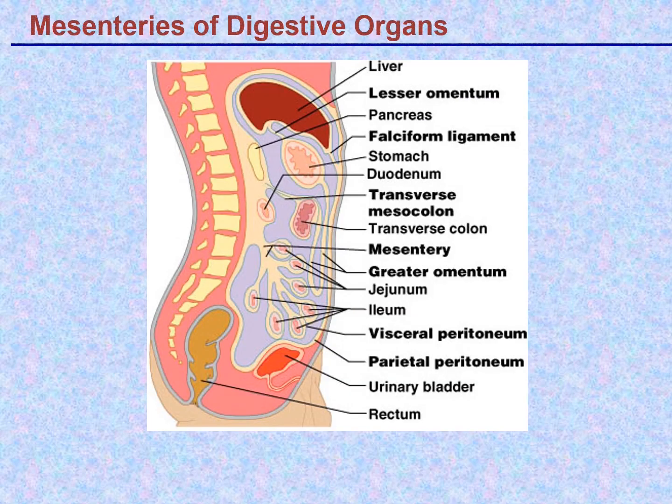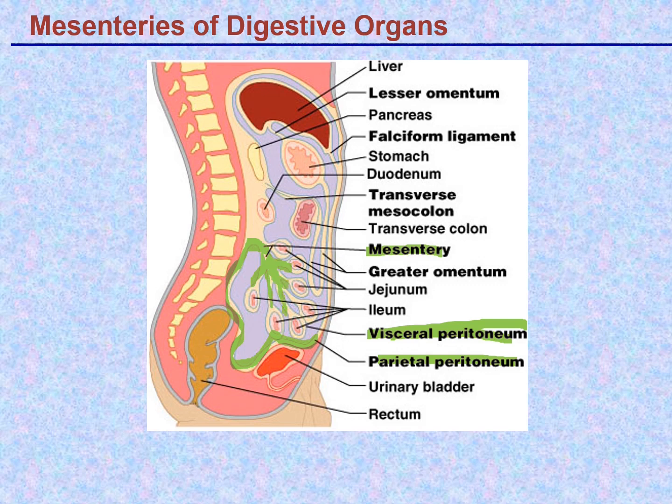And here you see a diagram that shows a mid-sagittal view of the abdominal cavity, and what I like about this is it clearly shows how the parietal peritoneum is a membrane on the surface of the abdominal cavity, and how it folds in to form the visceral peritoneum, and how all of the internal organs, most easily seen with the small intestine, are all hanging off of this mesentery membrane.